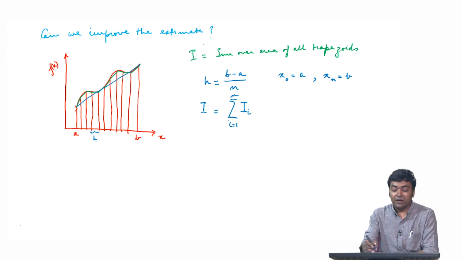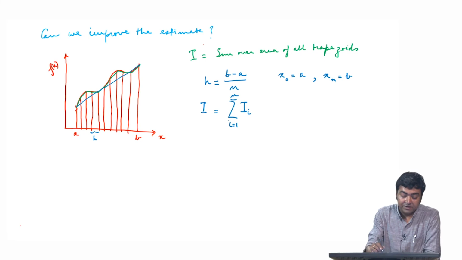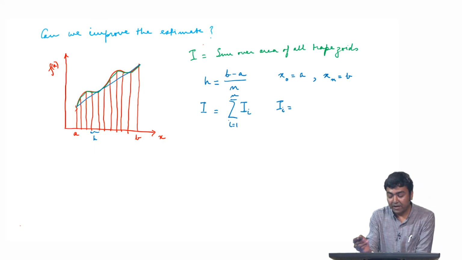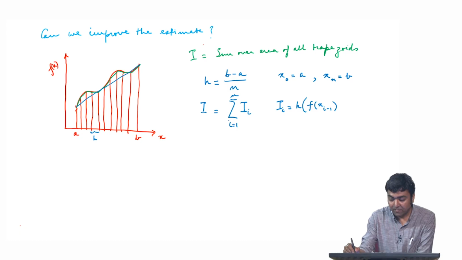If I know how to evaluate I subscript i, this term here, then I can easily do the sum. So, what is my I subscript i? This is nothing but again the area of the trapezoid. So, that will be the height of the trapezium and the product of f x i minus 1 plus f x i.